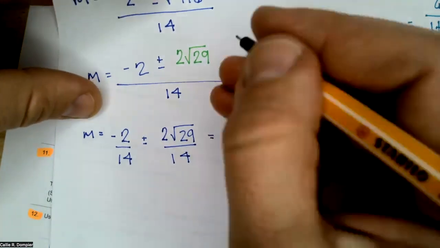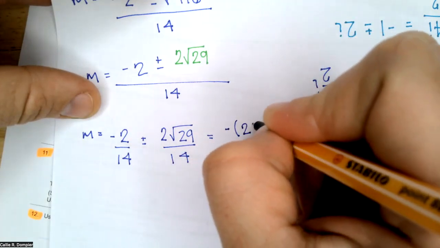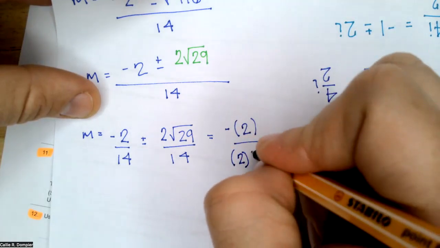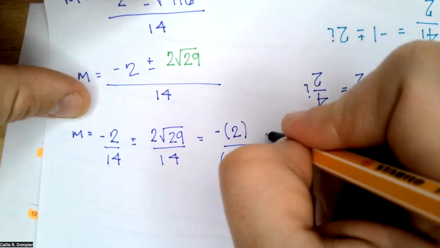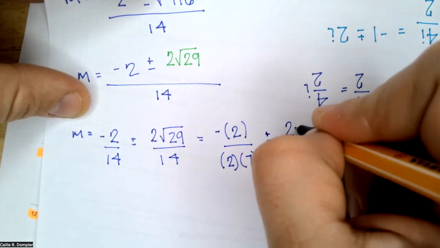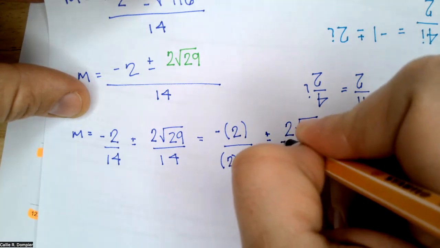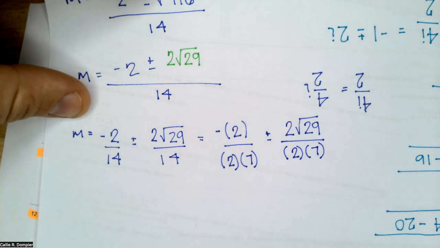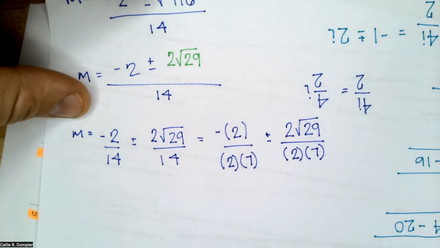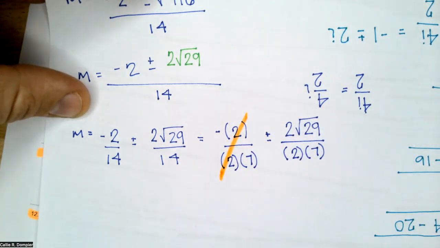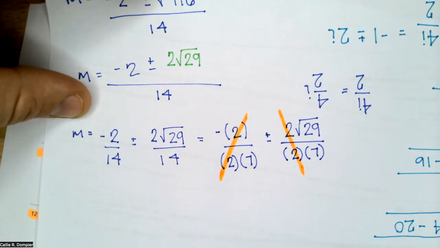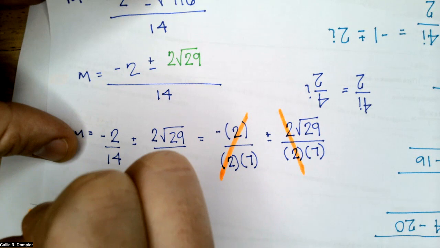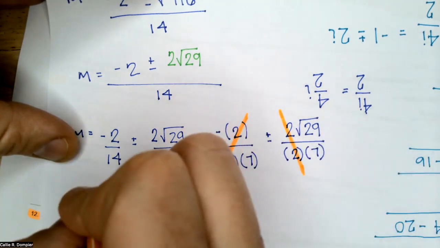-2 divided by 14. It's a negative. 2 is prime, right? But let's put 14 into its prime factorization. It's a 2 and it's a 7, right? 2 times 7 is 14, plus or minus 2 square root 29 over 2 times 7. Okay, what happens now is there's a 2 on the top, there's a 2 on the bottom. I can cancel those. So this becomes, there's nothing up here now, right? -1.